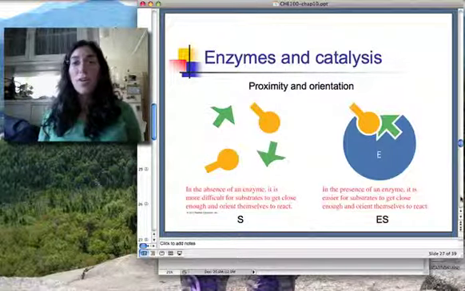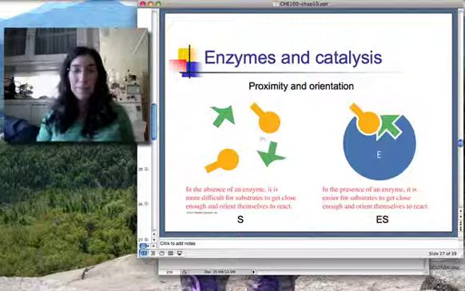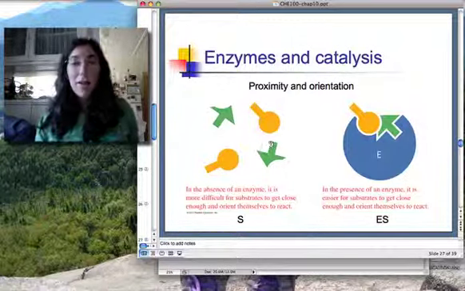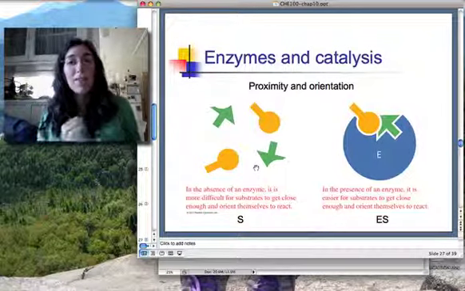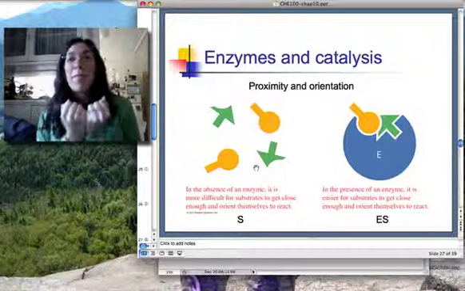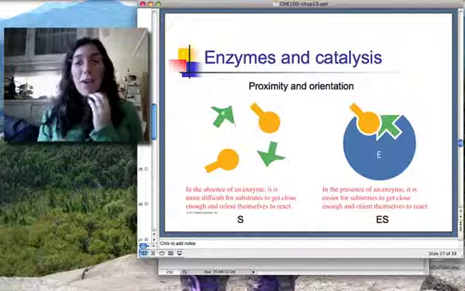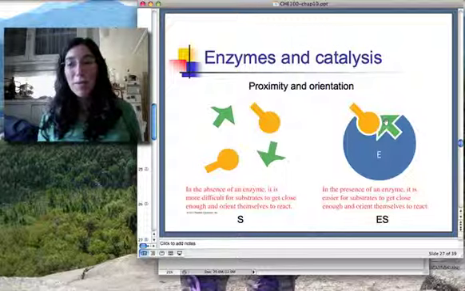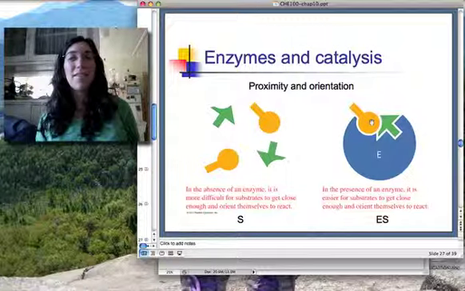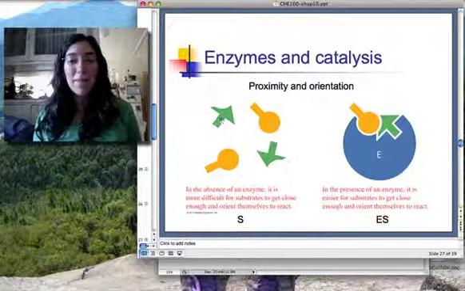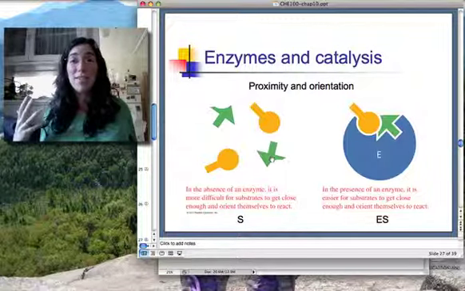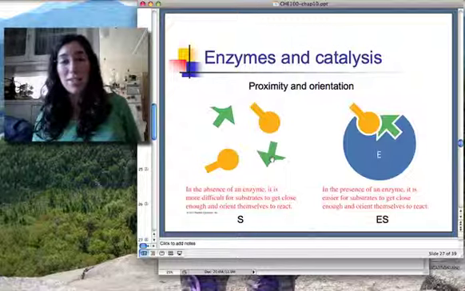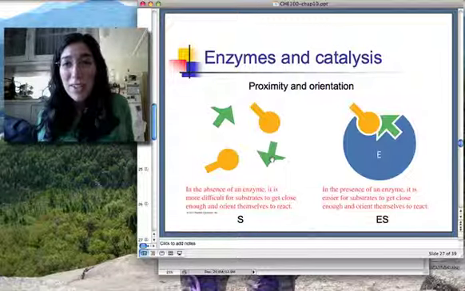Okay, so here's a good example. In the absence of an enzyme, you have these two molecules that you want to form a bond together. Okay, you want these reactants, let's say A and B, to form this product here, AB. If these molecules are just flying around in space and they need to collide with each other at some speed in the proper orientation, what's the likelihood that that's going to happen?